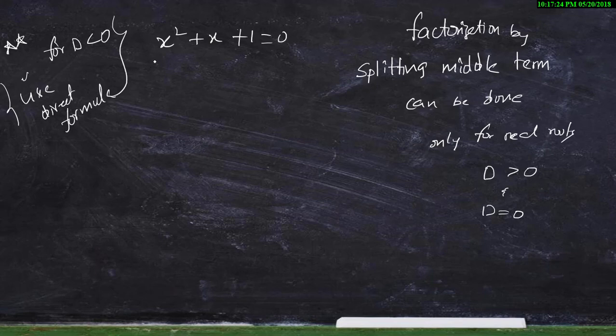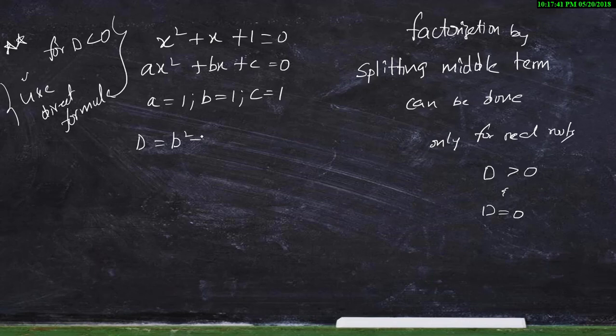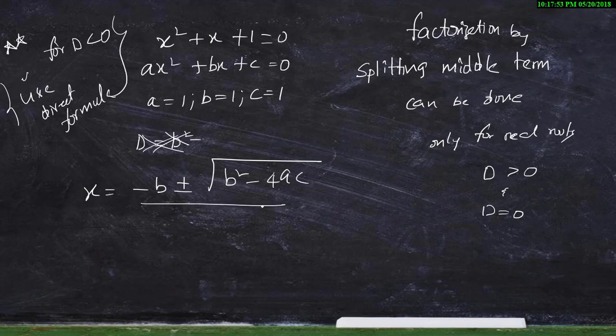Now see here. First of all, compare with the general equation, ax squared plus bx plus c is equal to 0. Now write what is a, what is b and what is c. A is equal to 1, b is equal to 1, c is equal to 1. Now we should use the direct formula for finding roots. x is equal to minus b plus or minus root of b squared minus 4ac by 2a. x is equal to minus of the b value, b is 1, right?